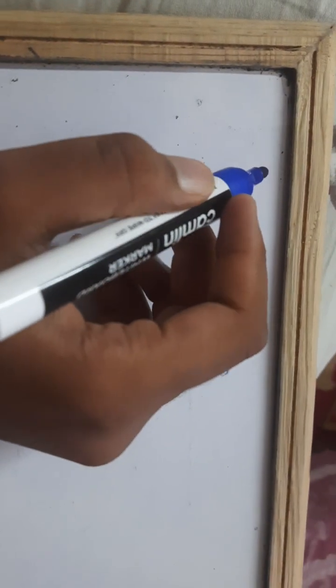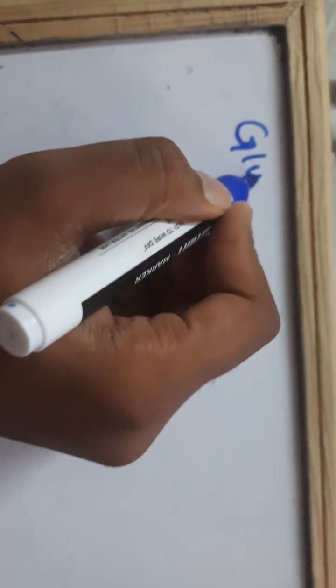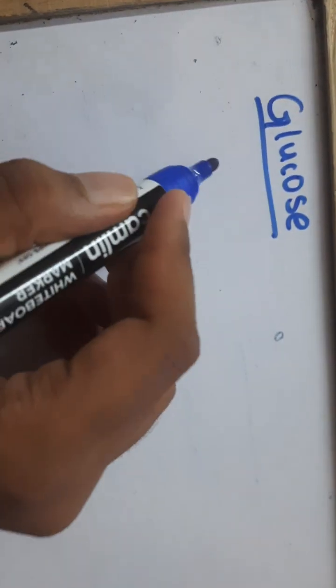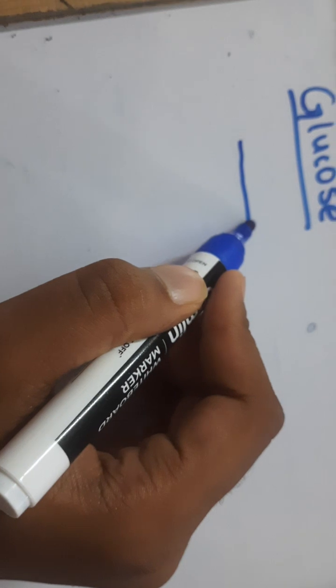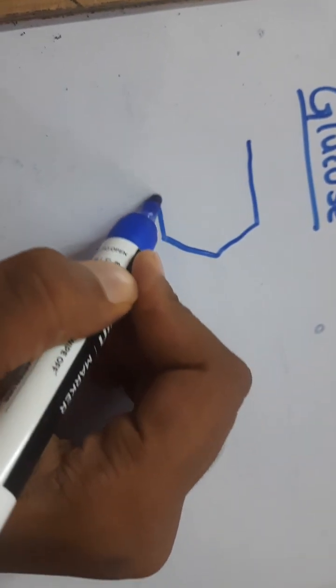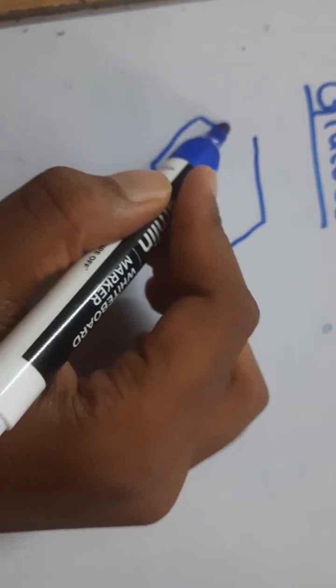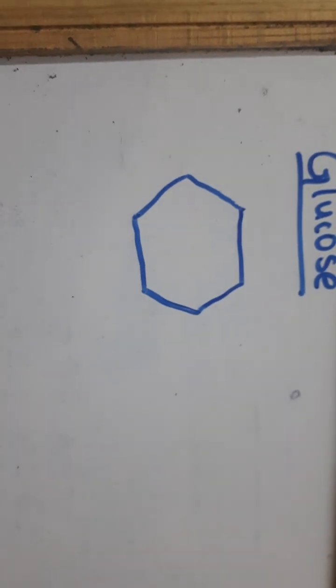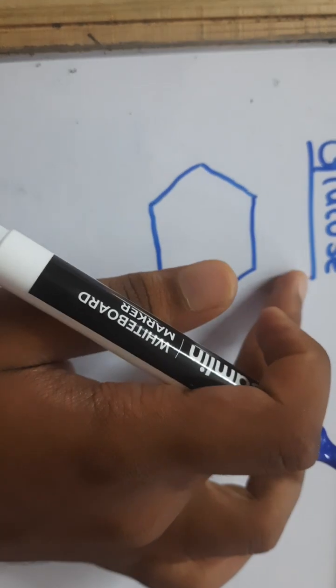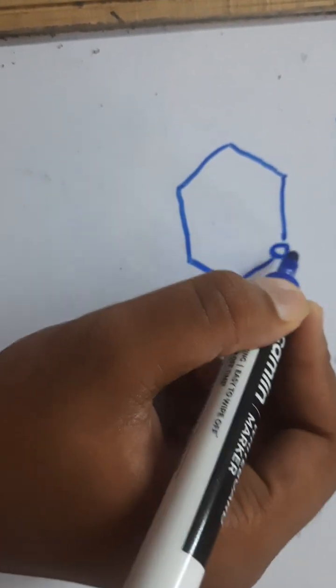Okay. Glucose. First of all, draw a six-sided hexagon. Then from the right top corner, just erase a small portion and write O here.